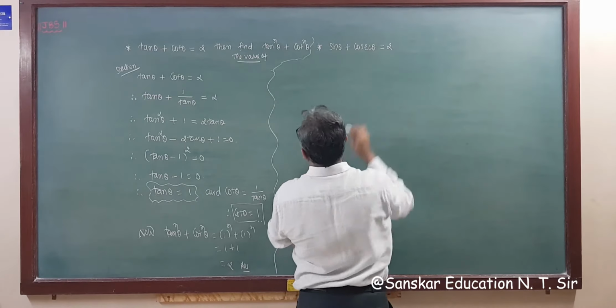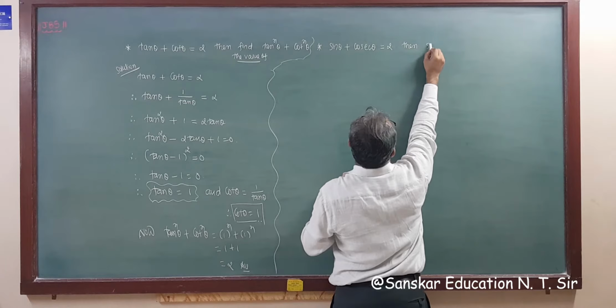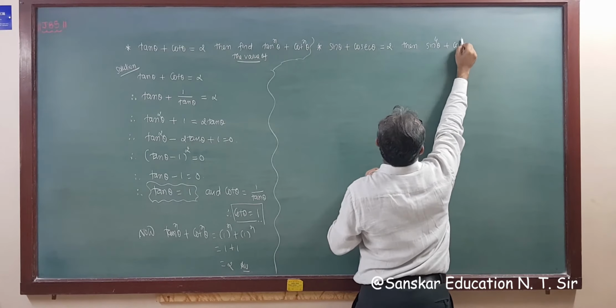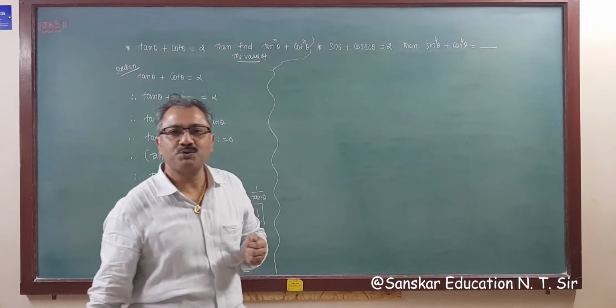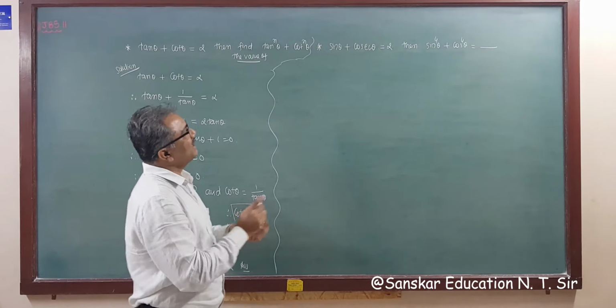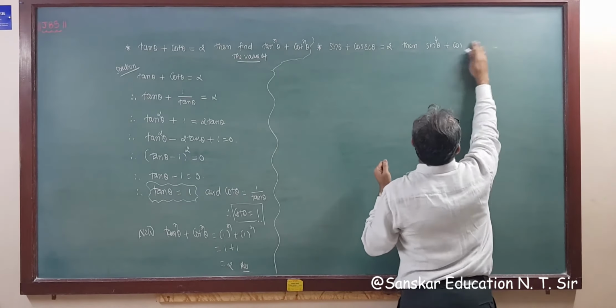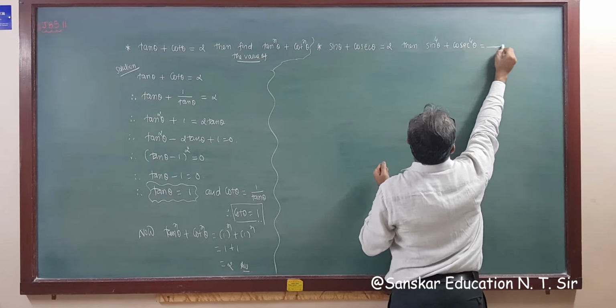Then what is the answer of sin raised to 4 theta plus cosec raised to 4 theta, not cos theta, it's cosec theta. Cosec raised to 4 theta is equal to blank.